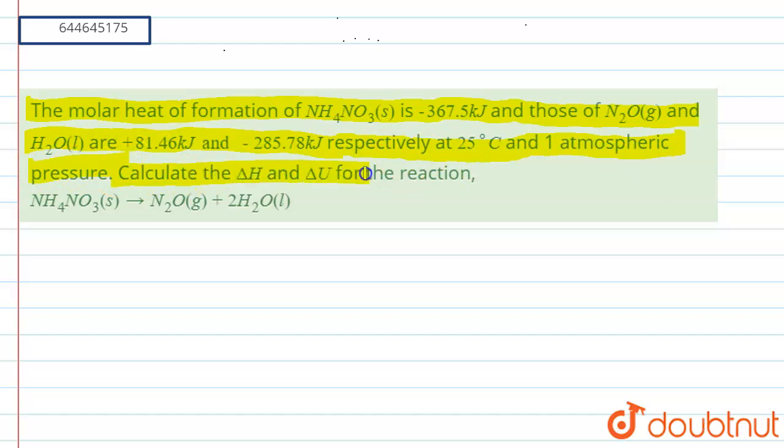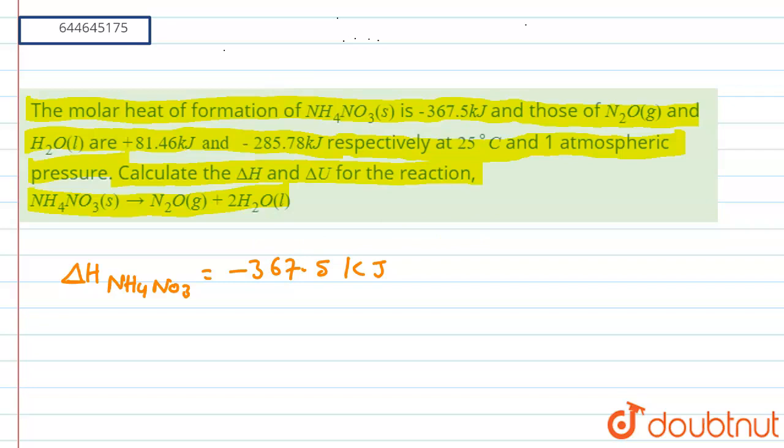So we have to calculate the delta H and delta U for the reaction, which is NH4NO3 solid gives out N2O plus 2H2O. So basically, if you see the values here, I am writing the values of the heat of formation, that is delta H for NH4NO3, we have a value of minus 367.5 kilojoule.